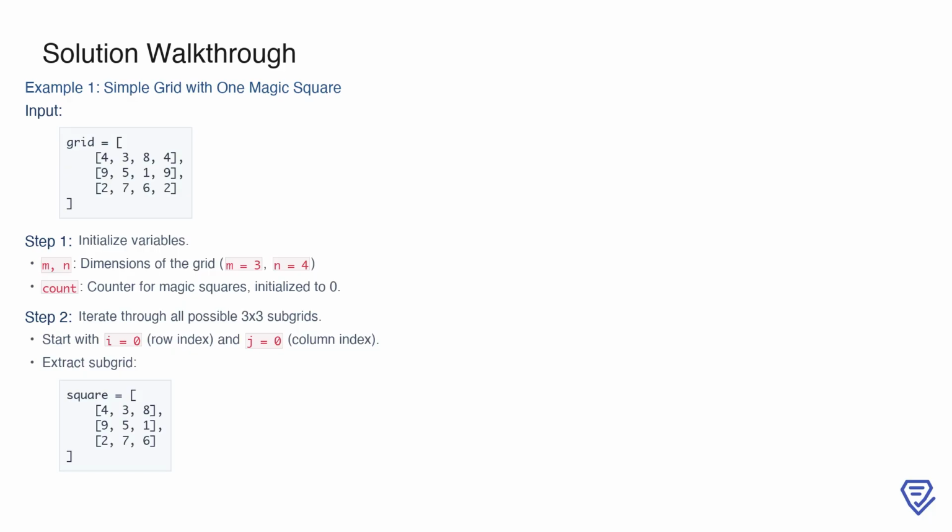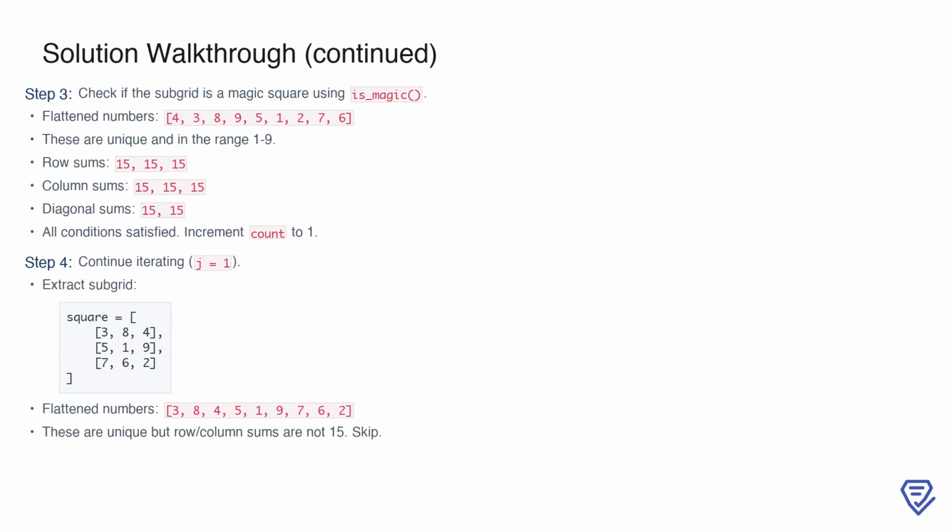Next, we start iterating through all possible 3 by 3 subgrids. For the first subgrid, located at i equals 0 and j equals 0, we extract the 3 by 3 section of the grid, which looks like this: 4, 3, 8, 9, 5, 1, 2, 7, 6. This subgrid will now be evaluated to check if it satisfies the conditions of a magic square. To determine whether the extracted subgrid is a magic square, we use the helper function is_magic.